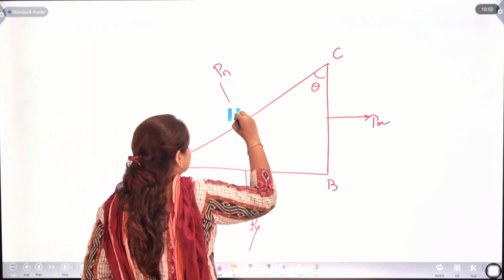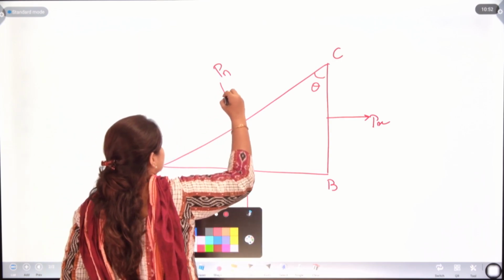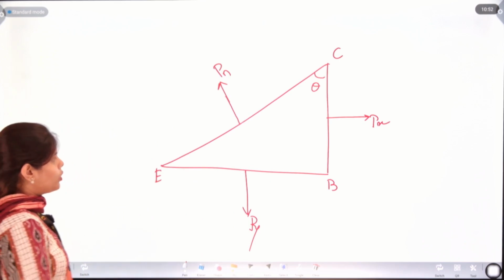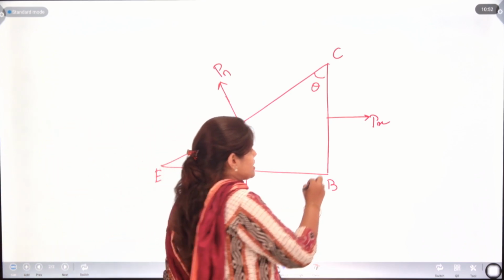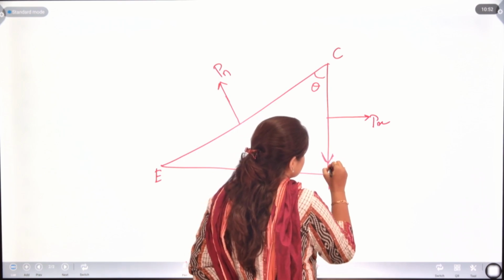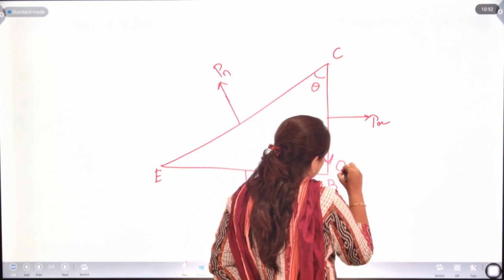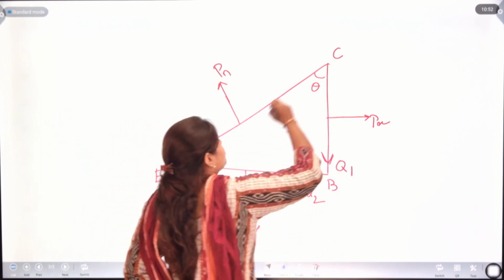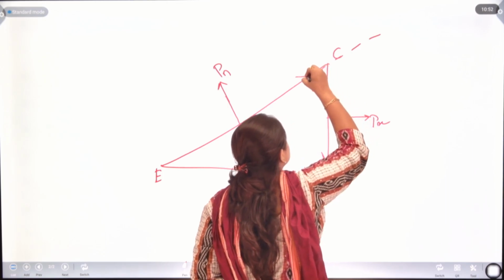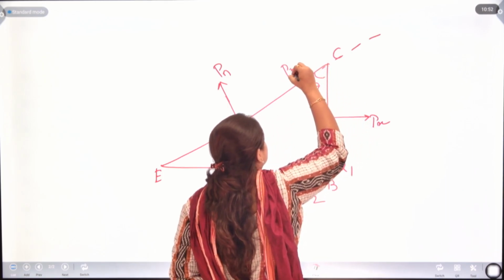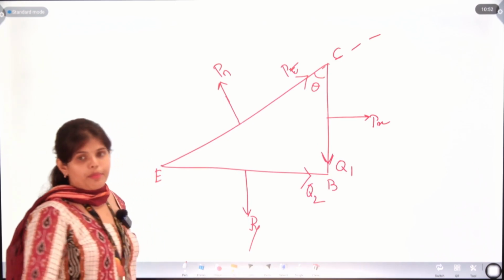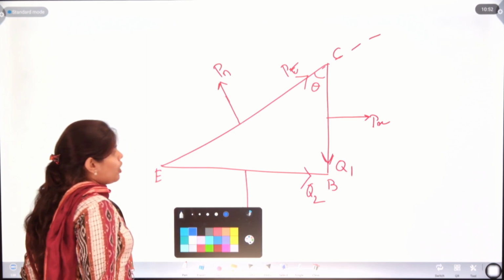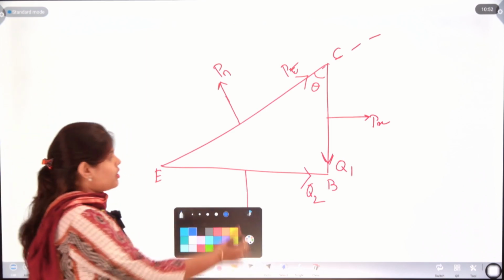It will act here in this direction. Also, we have shear stresses. The forces for that are Q1 and Q2. And if we find out the tangential stress, that will be Pt. The force will be Pt. Now our work is to find out the components of the sections.